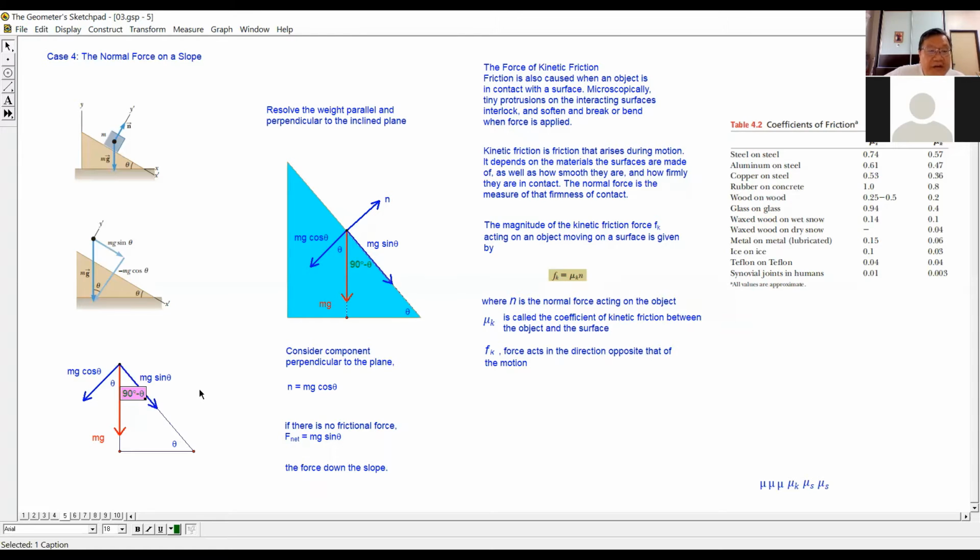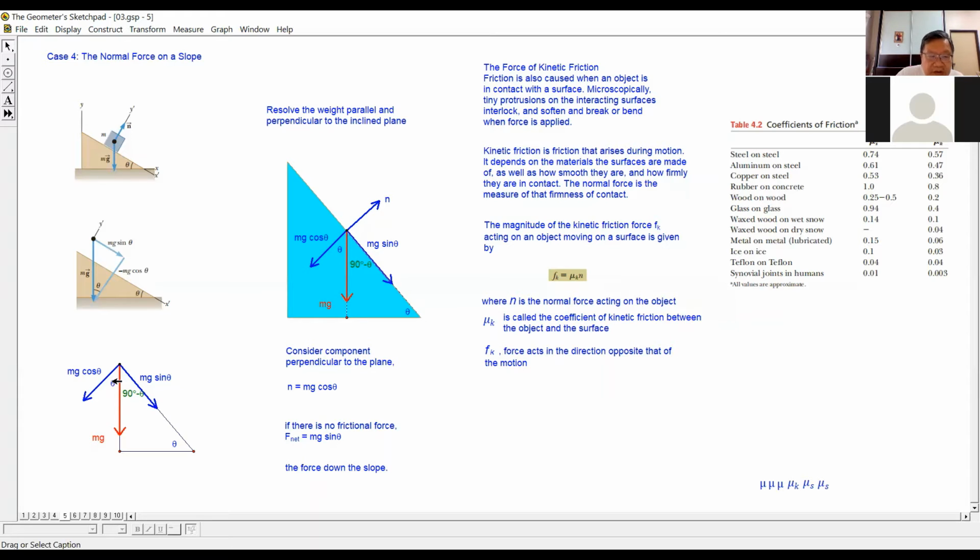The bottom angle is theta, the top angle is 90 minus theta. When I split the weight into two components, this angle here will be 90 minus theta on this side. On the left hand side, the angle will be theta.